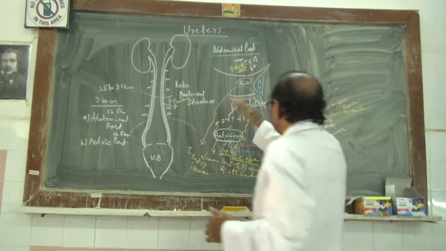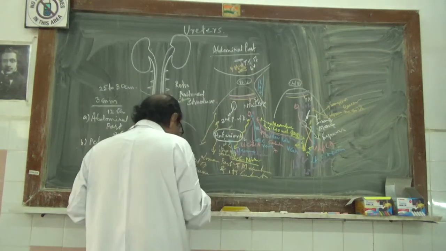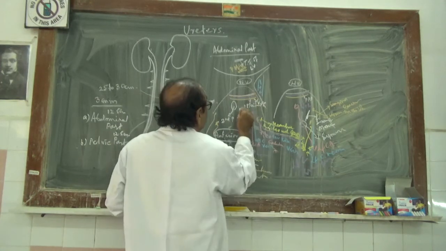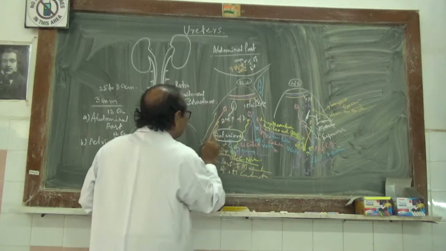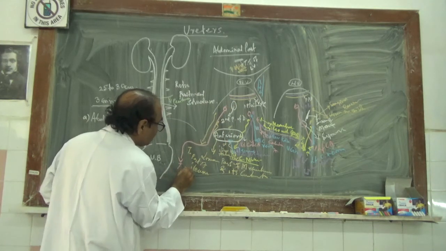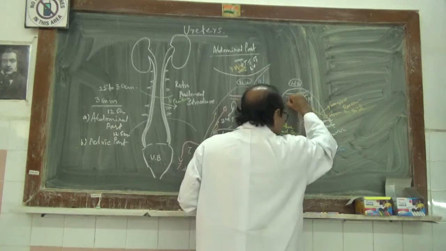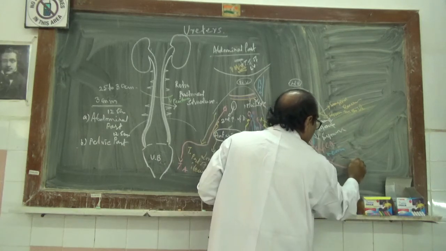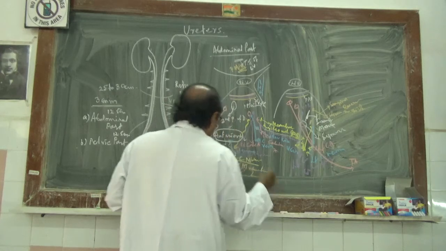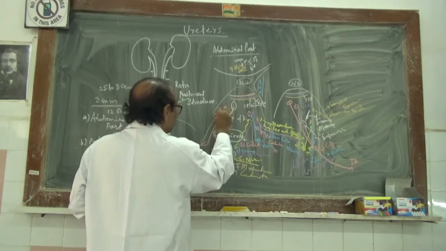Apart from this, right and left, in male and in female, these are the testicular arteries and testicular veins.